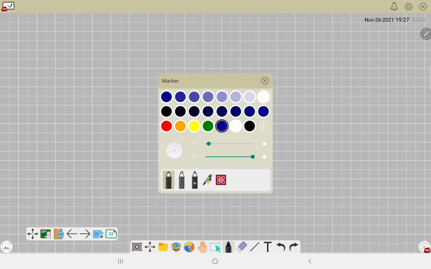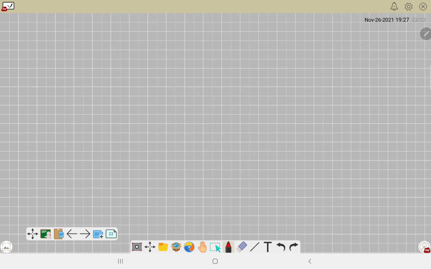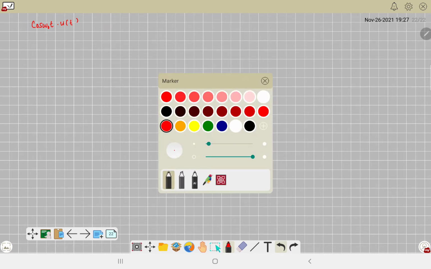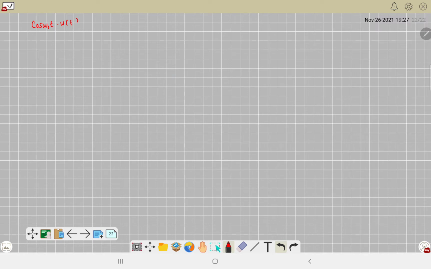Then next, let's try to find out the Laplace transform of a cosine signal, cos omega naught t into u of t. So this is my x of t.